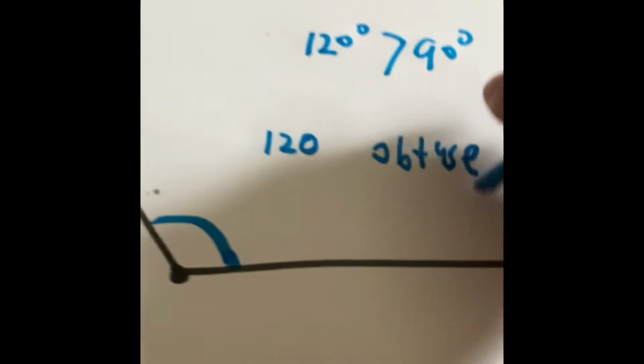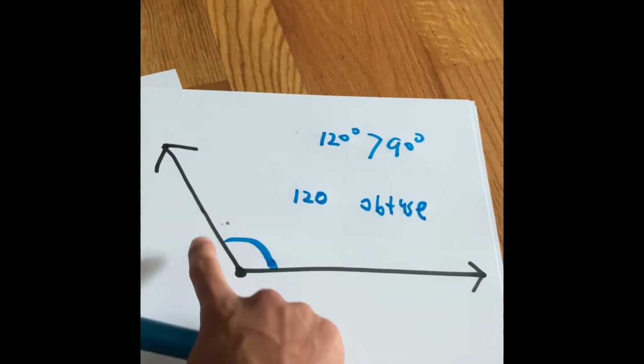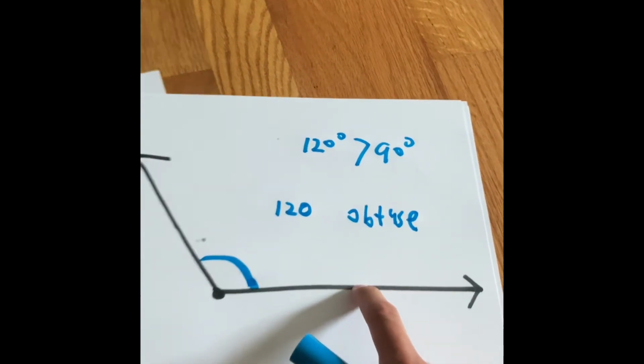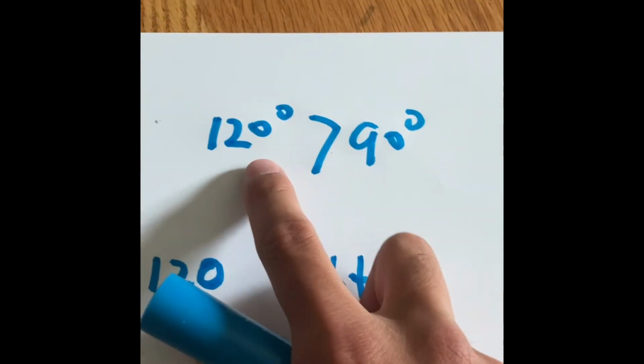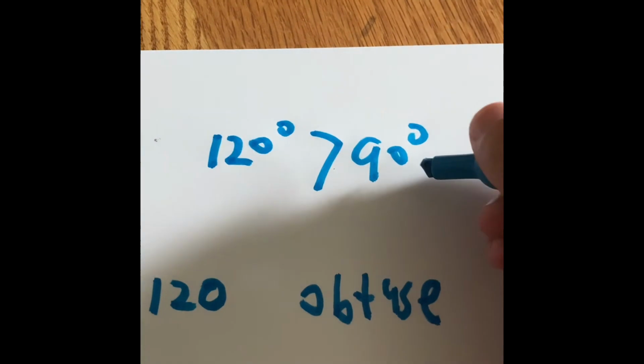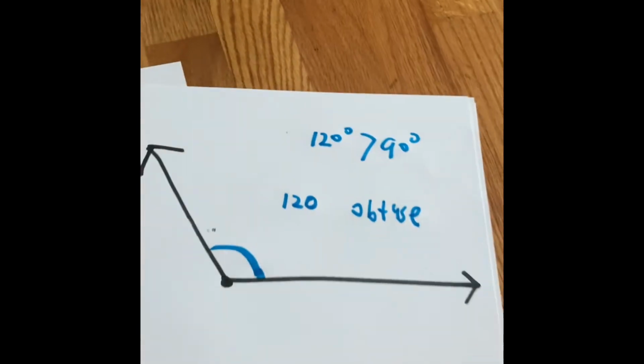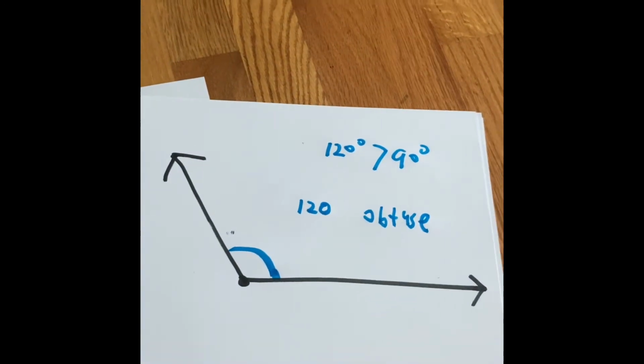That means the angle is very, very wide, and it also means that its measurement in degrees using a protractor is a lot more than 90 degrees. So here is an example of an obtuse angle.